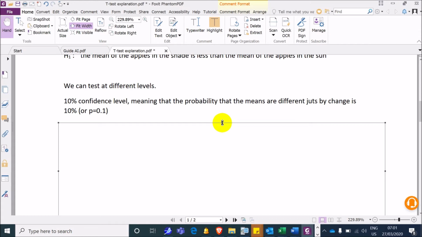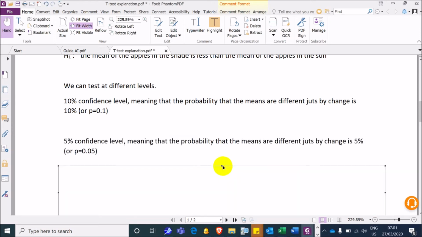So if I get from my t-test p is 0.1 or less than 0.1, like 0.05, 0.02, then I will say, okay, the probability that it is by chance that they are different is less than my confidence level. So I will reject my null hypothesis. I will say they are not equal.